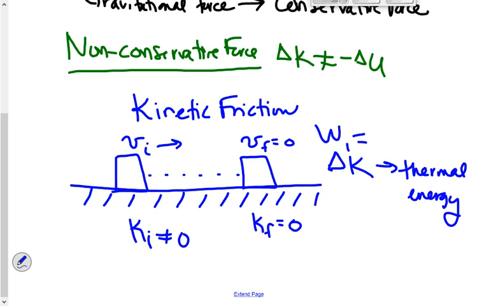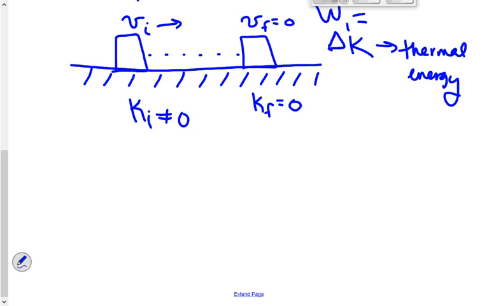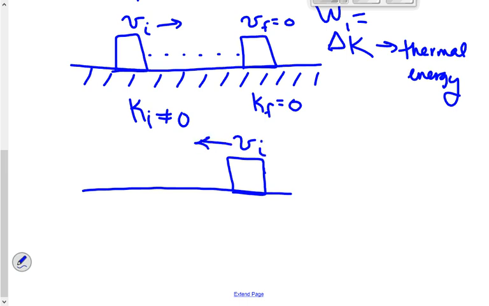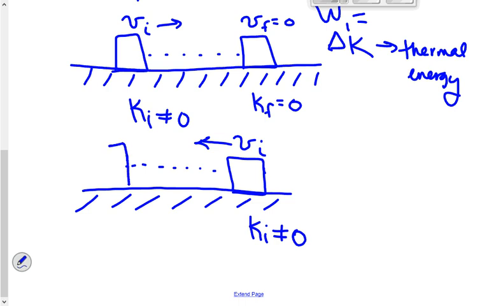But those statements that we said before said that if I reverse the process, so my object starts over here with some initial velocity and moves that way, what's going to happen to my block eventually? It's going to stop.